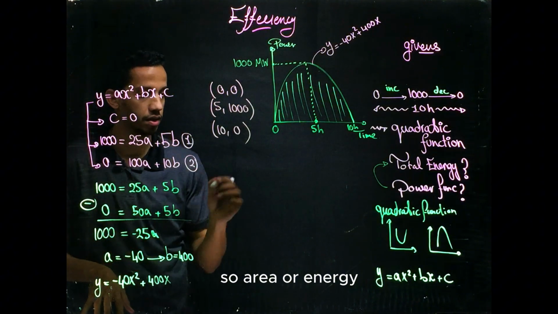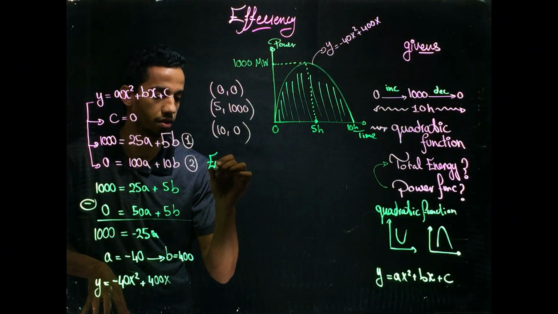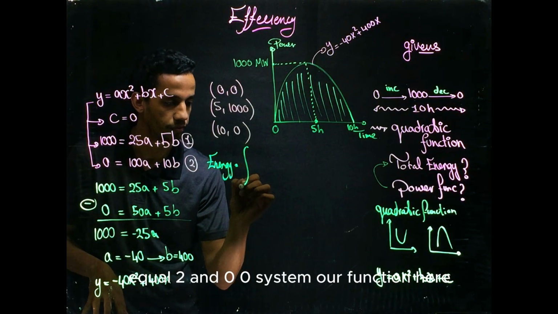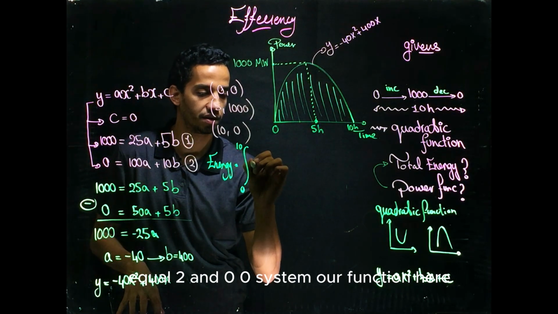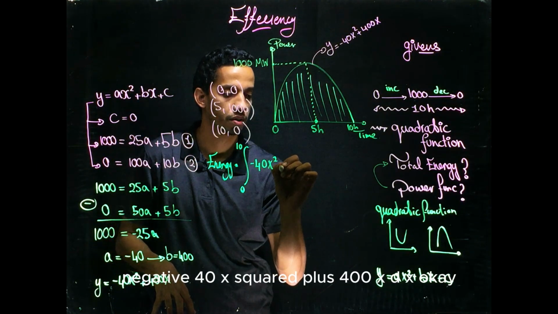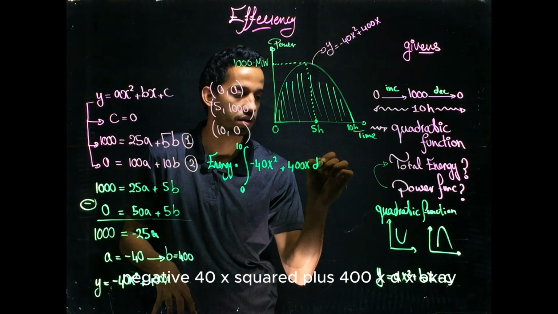So, the area for energy equals the integral from 0 to 10 of our function here, negative 40x squared plus 400x dx.